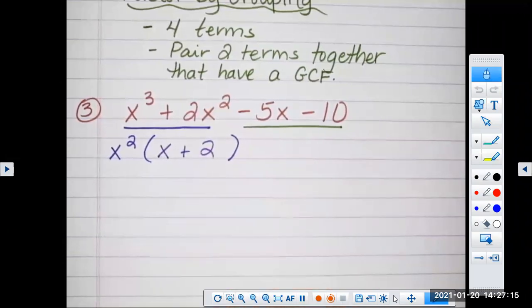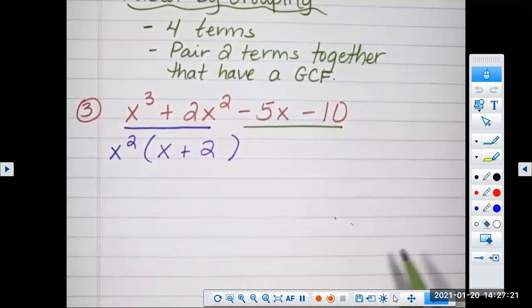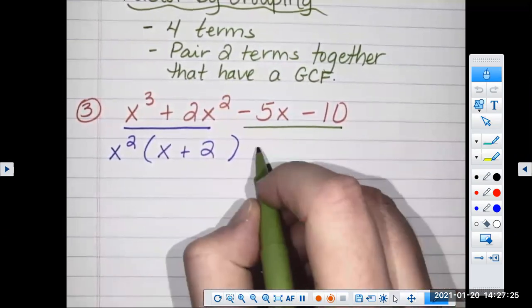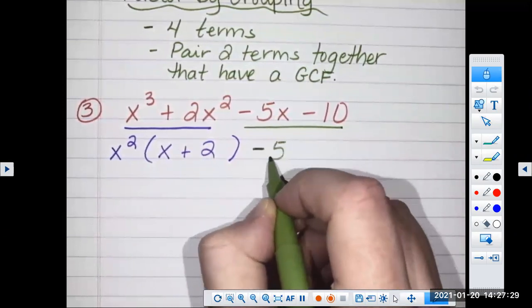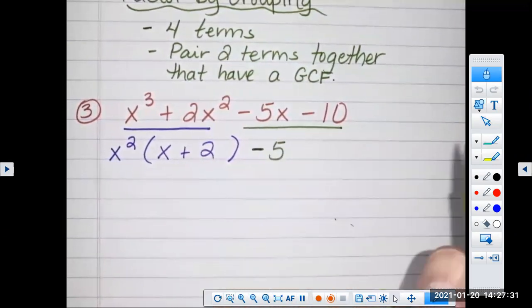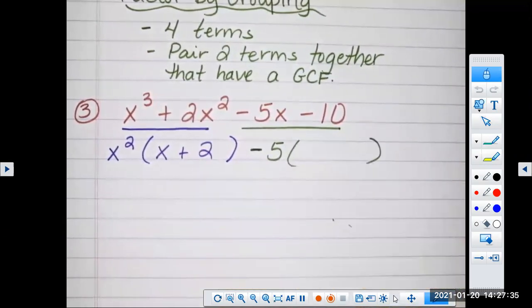Now, in the last set, they both have what? What do they have in common? Good. They have a 5, and I would definitely factor out a -5. And somebody asked me earlier, how do you know when you're supposed to factor out a negative?